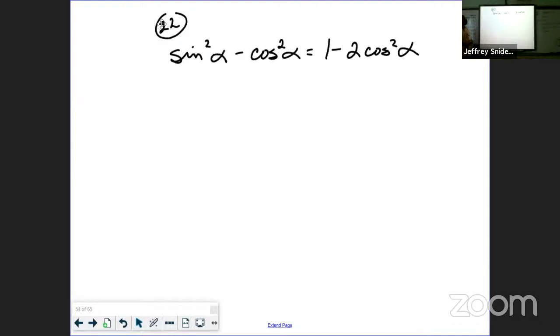Sine squared equals, yeah, that's it. Wait, so then that one's also? Yeah. I did 21. You did 21. Oh, easy. Oh, okay, it turns into one.